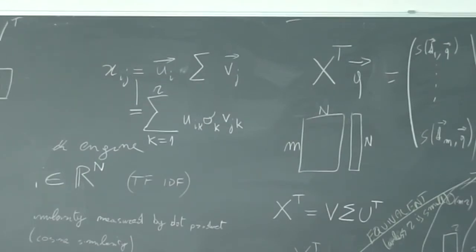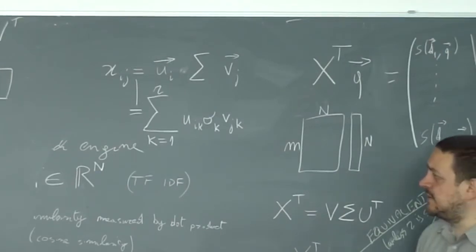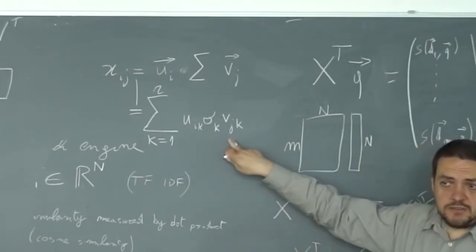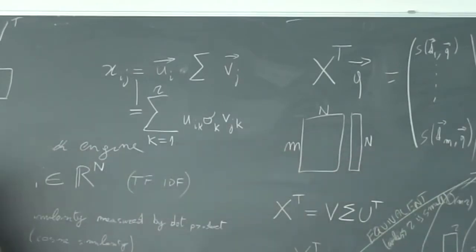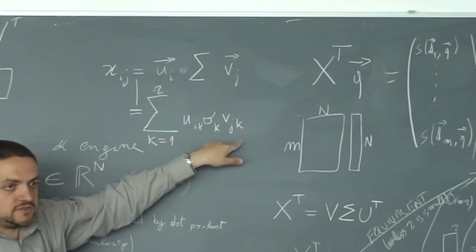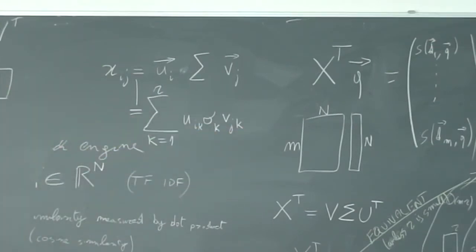Is that okay? Or any problems? Okay, if you just make the calculations explicit, you get that the generic xij entry of the matrix is actually this sum of products of the matrices here.